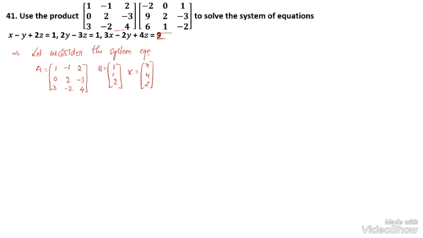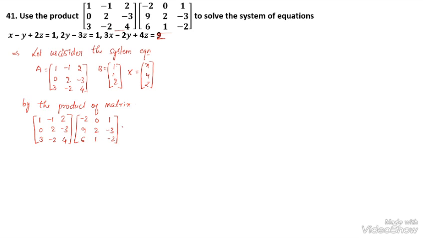Now I can consider the product of matrices, because we have to use the product. Okay, that is [1, -1, 2; 0, 2, -3; 3, -2, 4] and [-2, 0, 2; 9, 2, -3; 6, 1, -2].